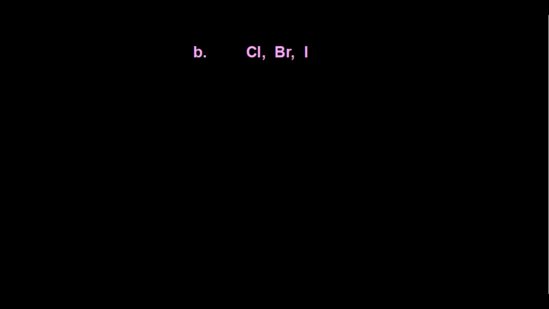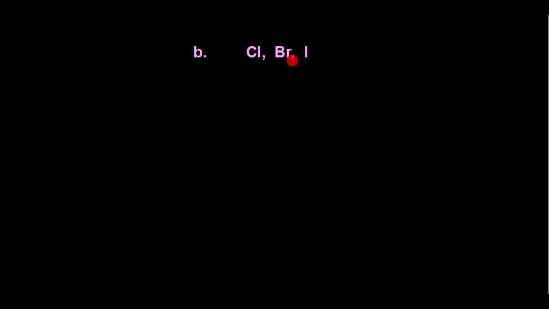Now we will see what next question is given. Next, in part B, we are given chlorine, bromine, iodine, members of group 7A of the periodic table, and we are asked to arrange these elements in the decreasing order of shielding effect. We know very well, as we move down the group, due to the increase in the number of shells, the number of electrons in the inner shell increases, so as a result shielding effect also increases.